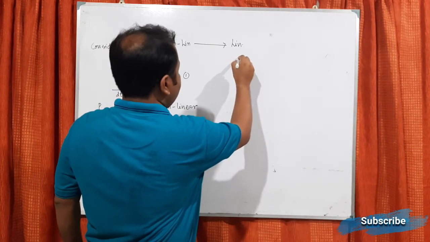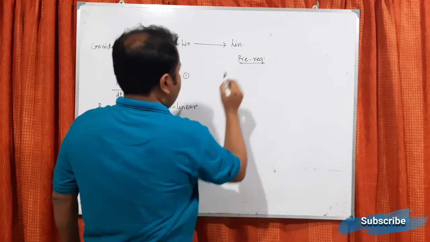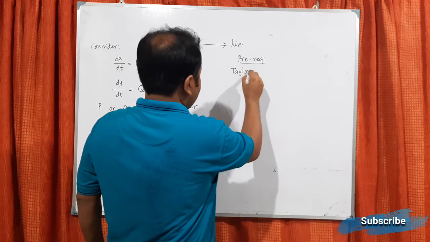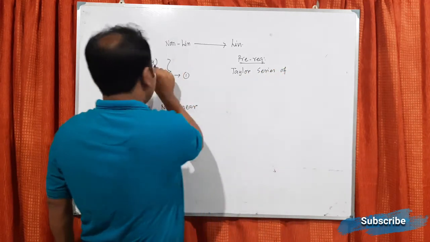So what is the prerequisite? This is the Taylor series for multivariable, here two variables.